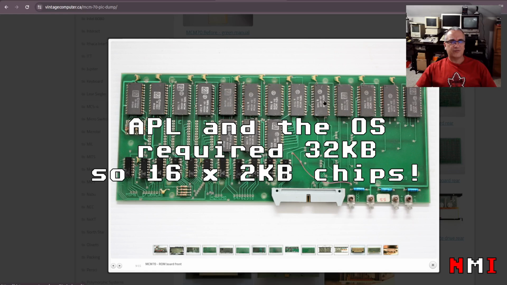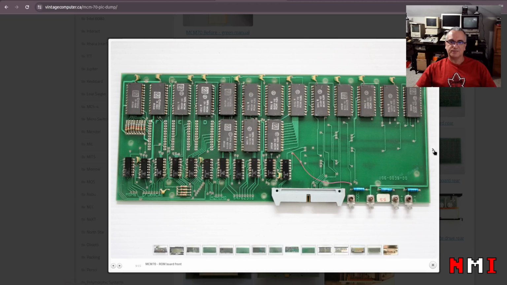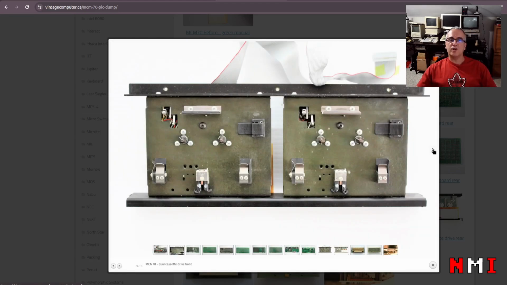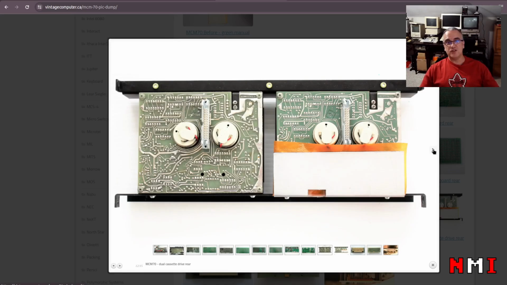From what I remember, each ROM here is 2K. I don't know if I mentioned, but this machine has 32K of ROM and up to 8K of RAM. And it implements a paging system to switch between all these memories, because as I mentioned before, the 8008 can only address 16K of memory.